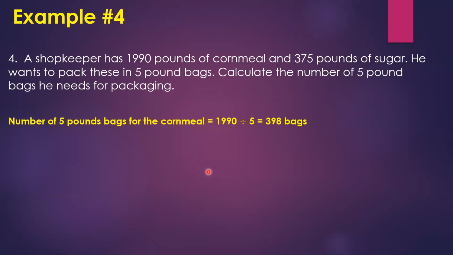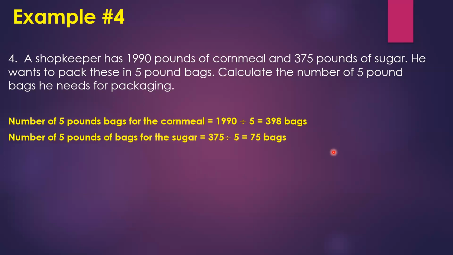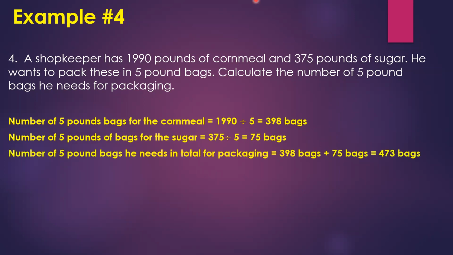And then I divided 375 by 5, which equals 75. And I have 398 plus 75, which equals 700. Wait, it equals 473. Sorry. Okay, good. So when you add them, that's when you get the 473. Good. All right. Anyone else got 473?